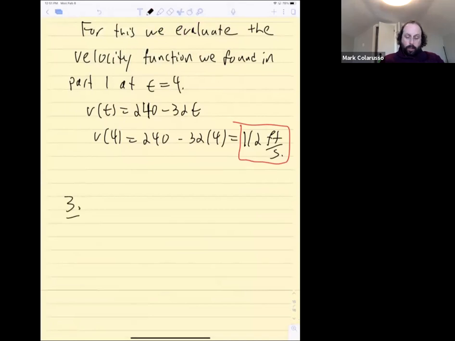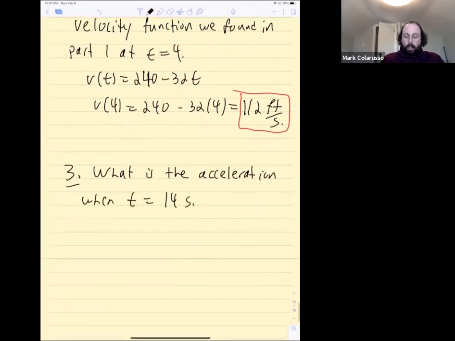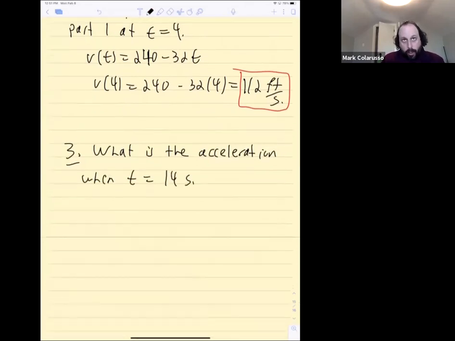Okay, so the third question is, what is the acceleration when t is 14 seconds? Okay, so to get the acceleration when t is 14 seconds, right, we have to take the velocity function that we found back in part 1, differentiate it with respect to time, produce the acceleration function, and then evaluate that at t equals 14.